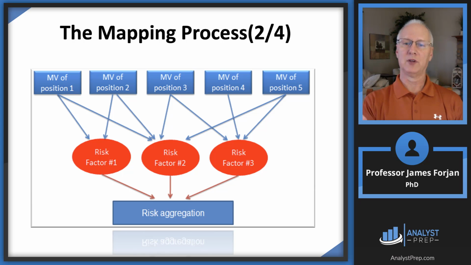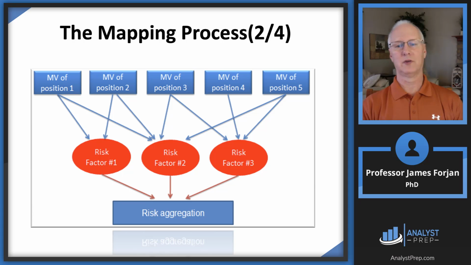And then look at position 4, that's exposed to just risk factor 3. Maybe that position 4 is the treasury, and all we really need to worry about is duration. If we're a U.S. investor, we don't need to worry about currency risk, and we don't need to worry about credit risk. So we have these risk factors, and then notice the red arrows go down to the bottom. They kind of flow into that final risk aggregation bucket.